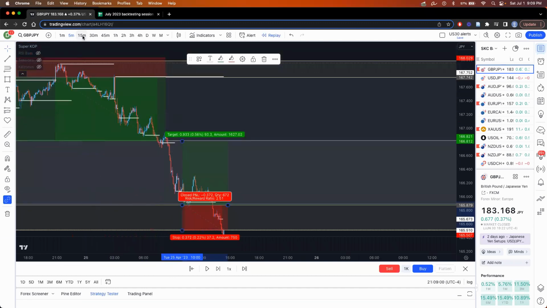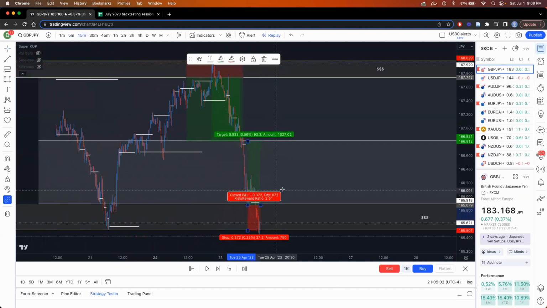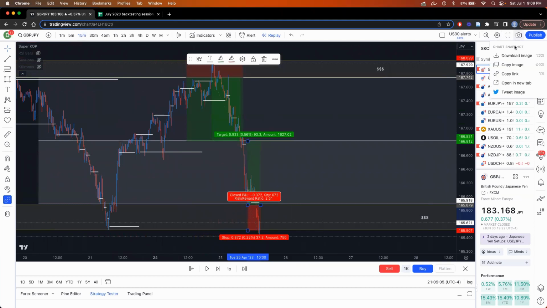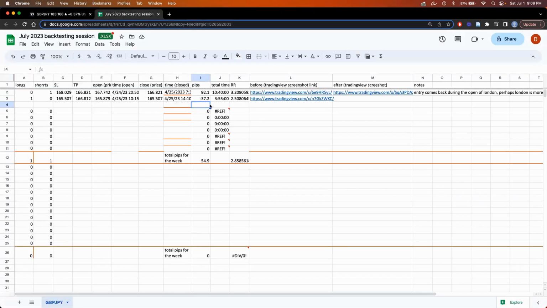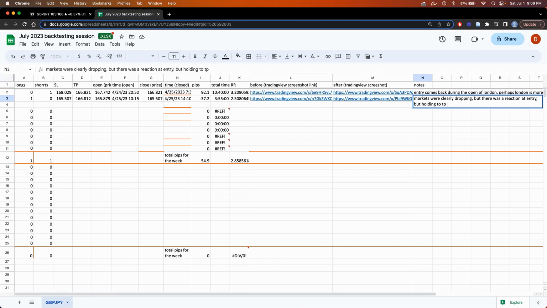Let's look at this with a 15-minute. So markets were clearly dropping, but there was a reaction at entry, but holding TP without adjusting stops may be an issue with this strategy.